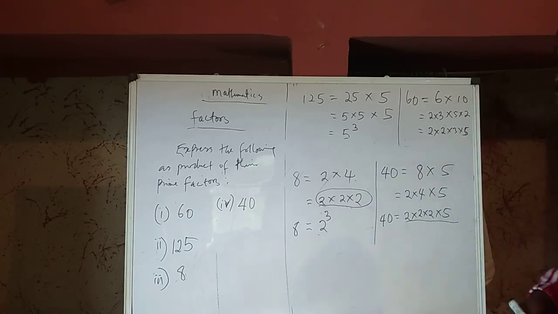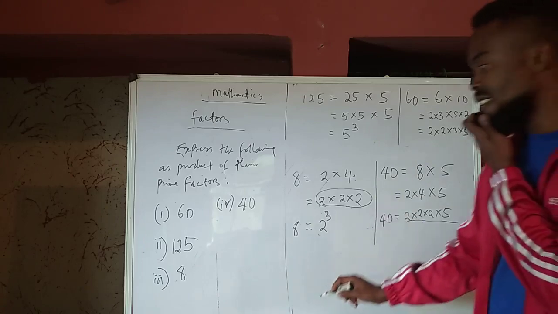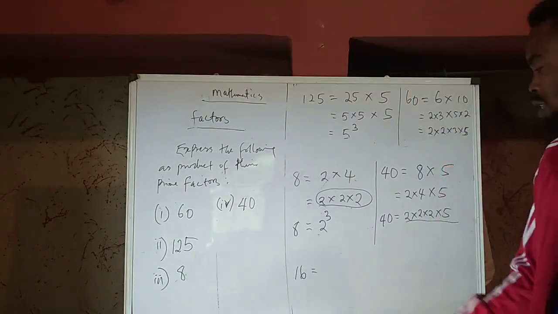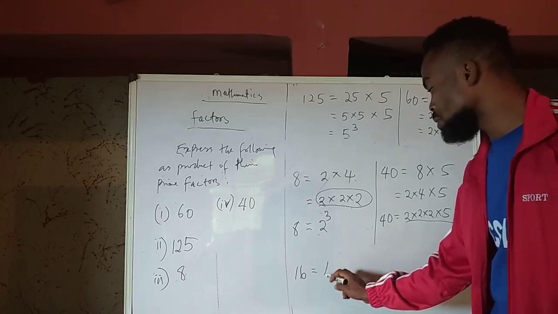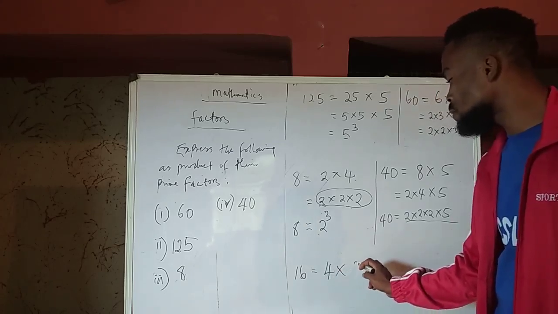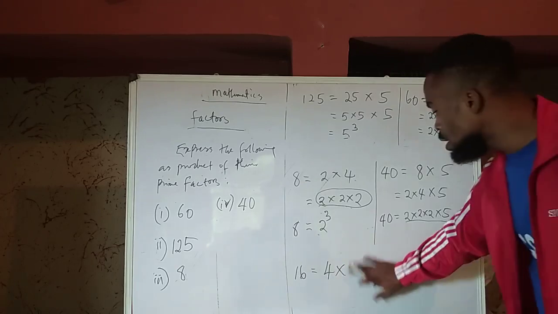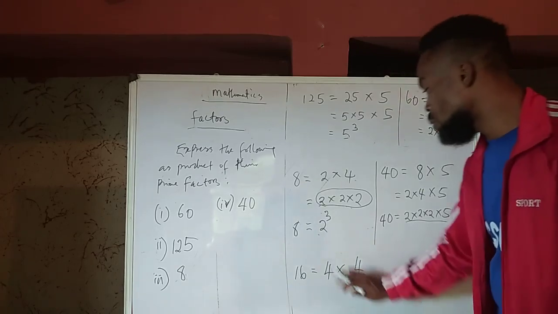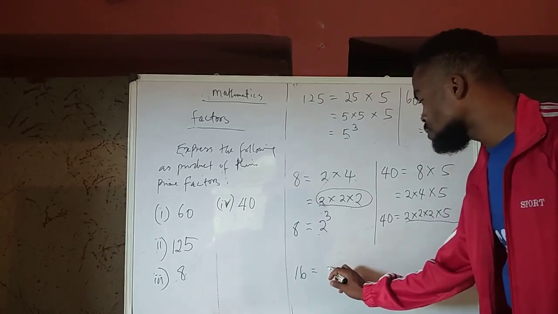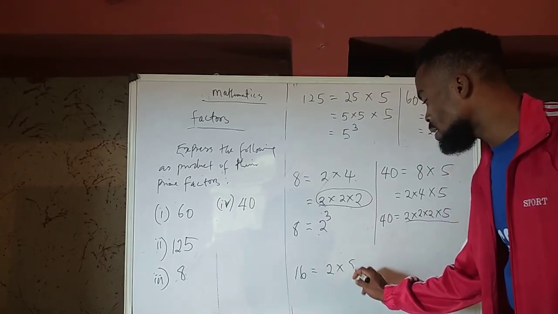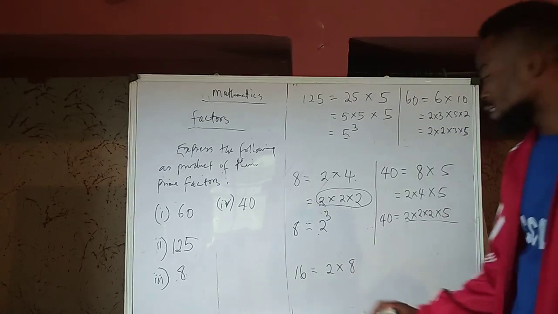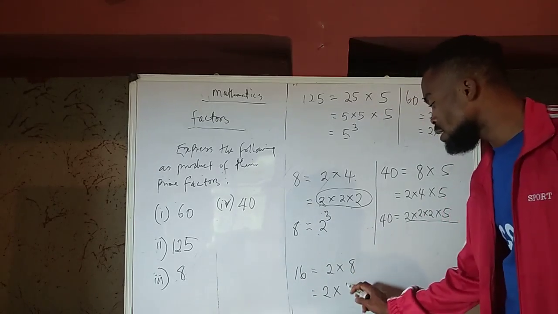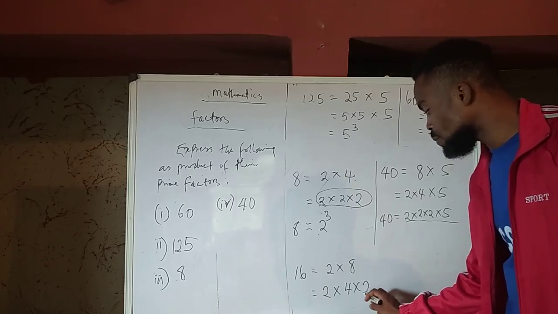Okay, I would like to do one more before I go. Let's do 16. Okay, so 16 in terms of the prime numbers will become 4 times 4, to give us 16. Or we can start with 2 times 8. 2 times 8 will give us 16, right? Which now leaves us with 2 times 8 is 4 times 2.